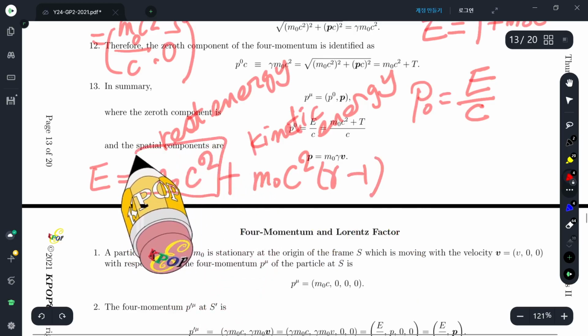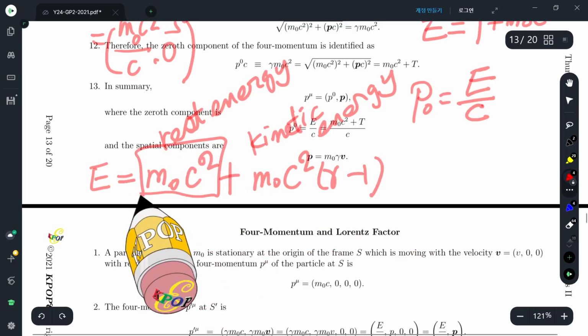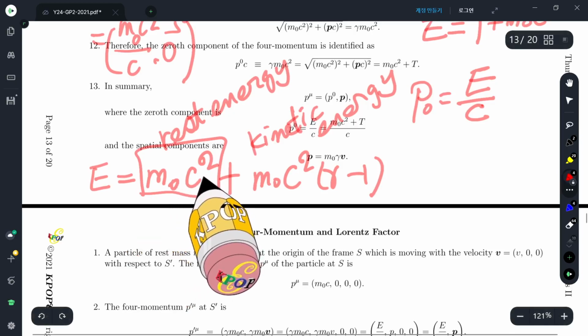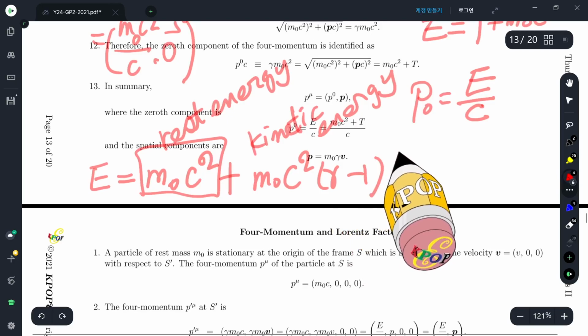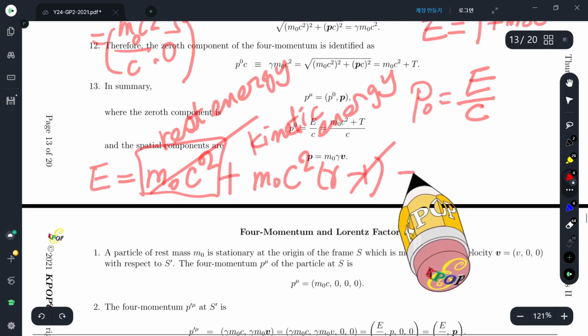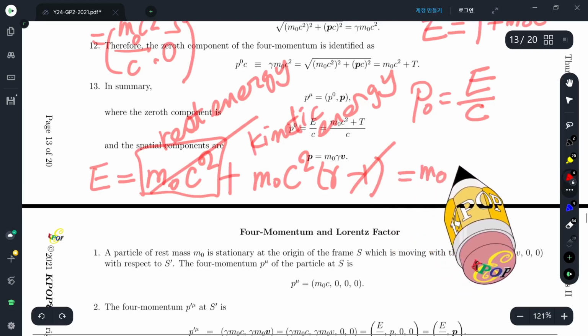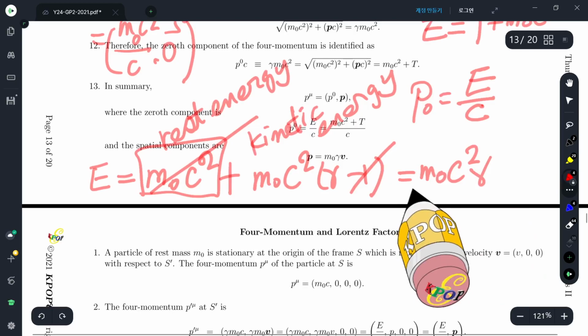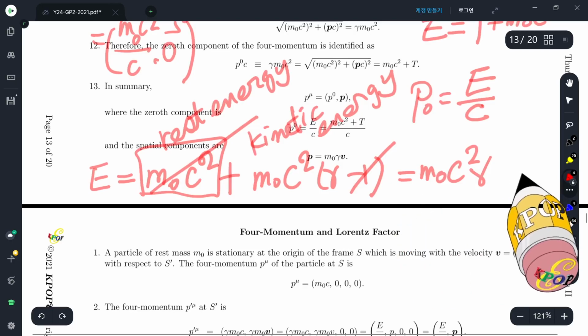Any object with non-zero rest mass has its original energy, even though it is not moving at all. That is m0c squared. And when it acquires momentum, the rest energy cancels to give m0c squared gamma. And actually m0 gamma is the mass of the particle when it is moving.